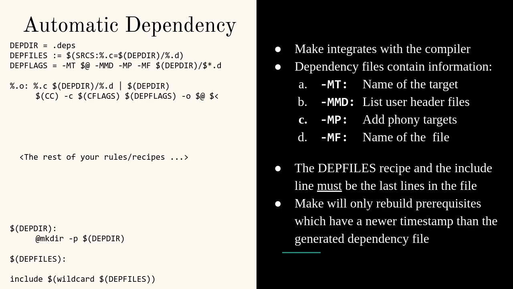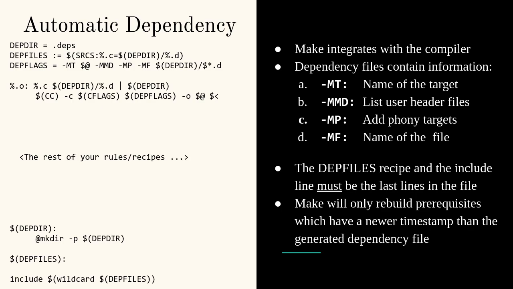I figured out why it needs to be at some point, but I've since forgotten. It has something to do with the internal mechanics of Make and the way that it actually inspects the dependency files. But basically, just know that you have to have all of that at the bottom of your file.